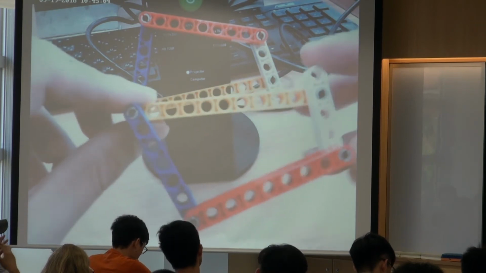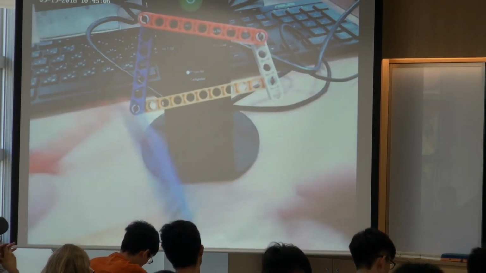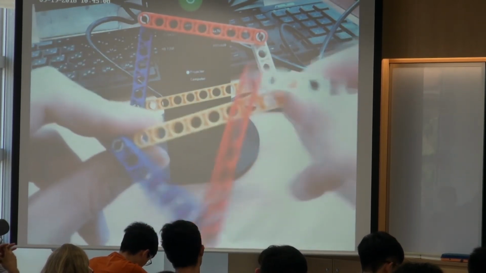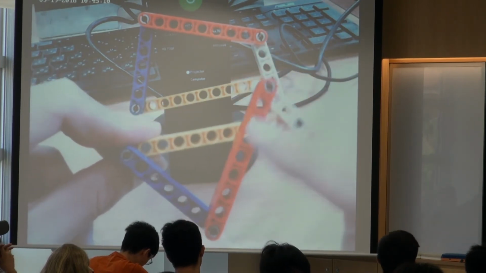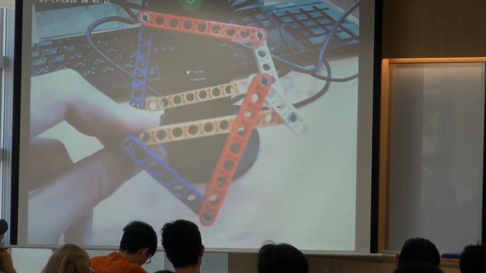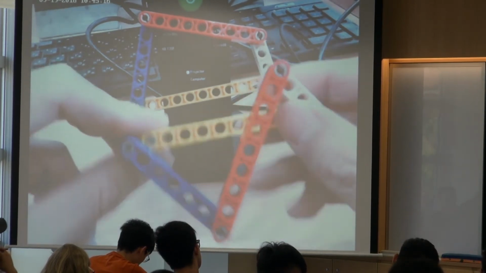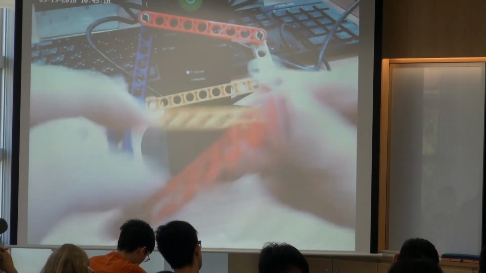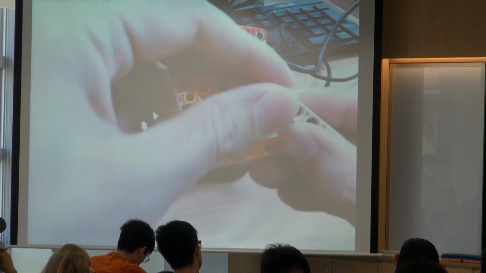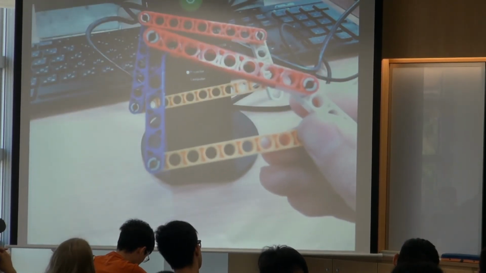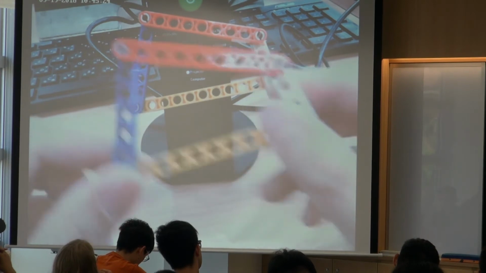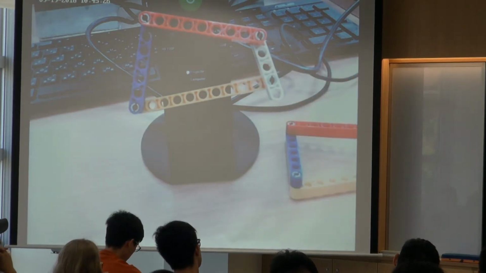But just for your information, once you fix it, this one is not going to become this one. Case 2 will always be case 2, unless you disassemble it and reassemble it. Okay.